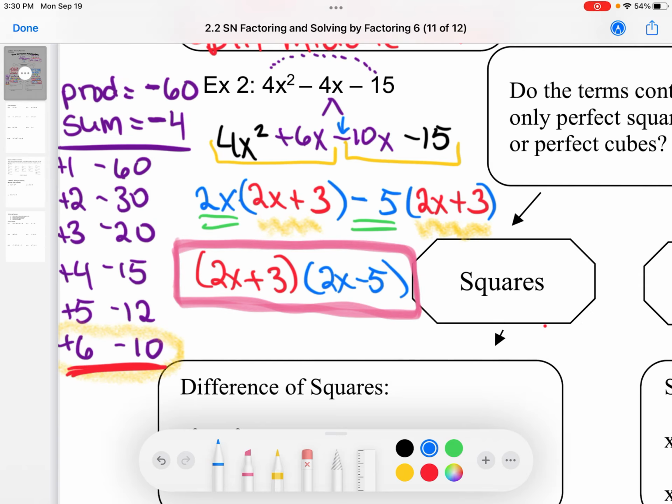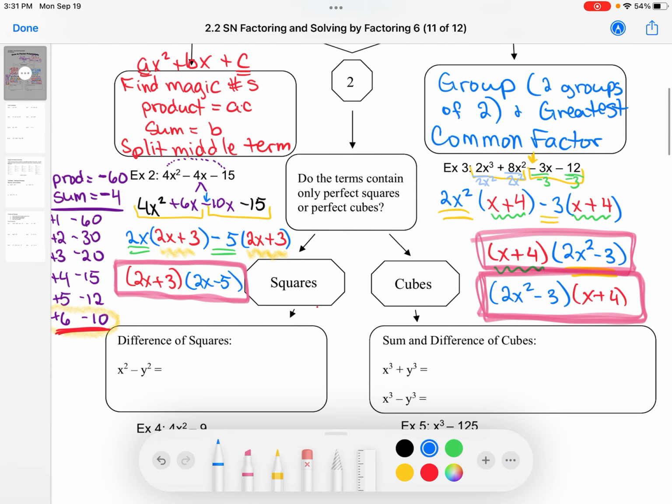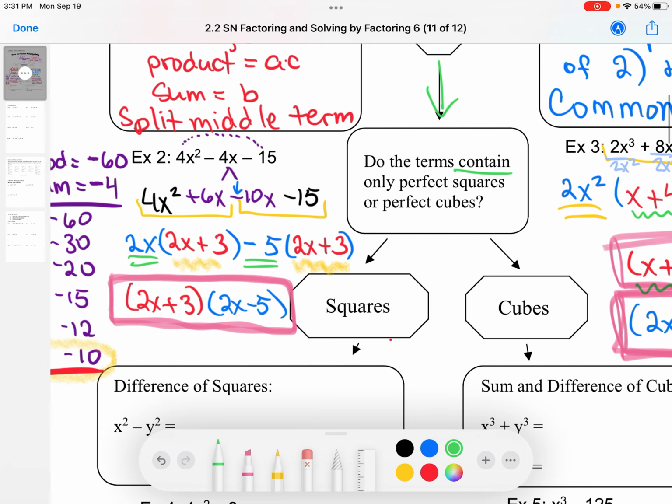There's one other type of factoring that works, and that is when we have 2 terms. And with 2 terms, we have to ask ourselves an additional question. With those 2 terms, do they contain only perfect squares or only perfect cubes? And if they do contain squares or cubes, then we can factor it further.